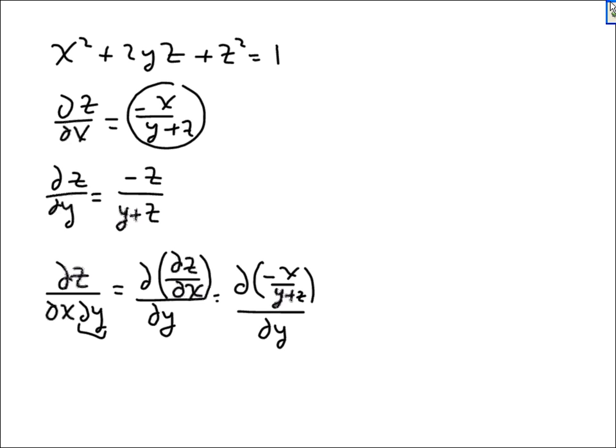Now, since the numerator is not a function of y, this is not Calc 3, this is Calc 1 what I'm going to talk about. Since the numerator is not a function of y, I will not use the quotient rule. I would just bring it up in the numerator.